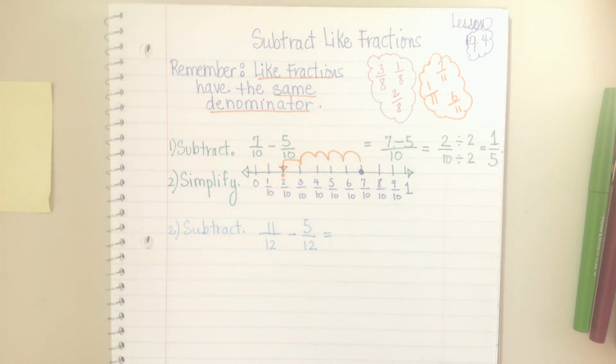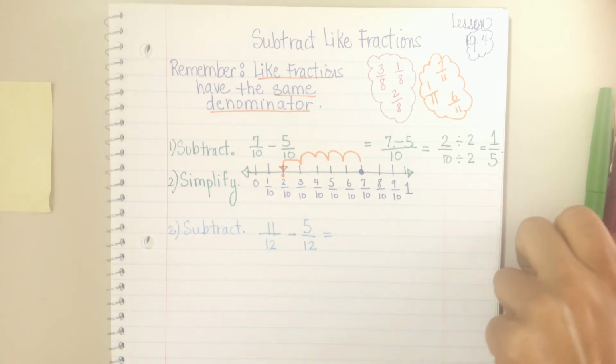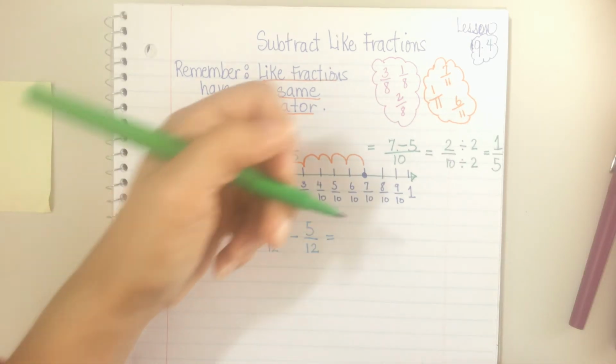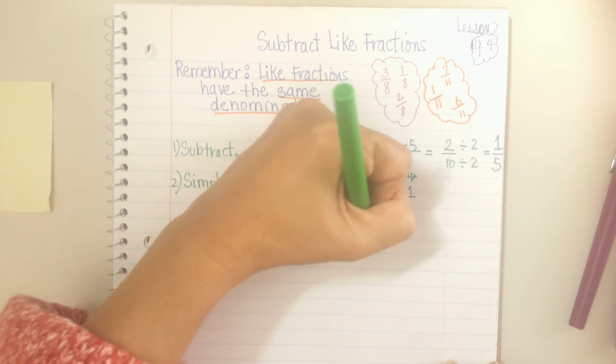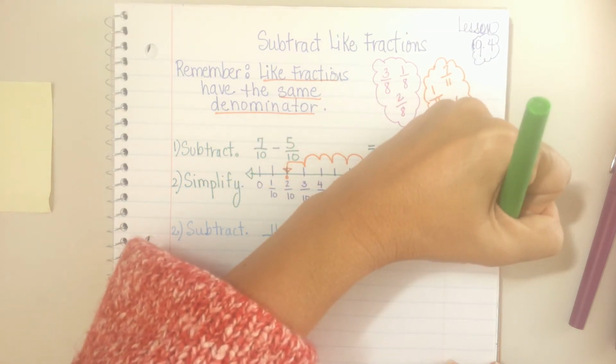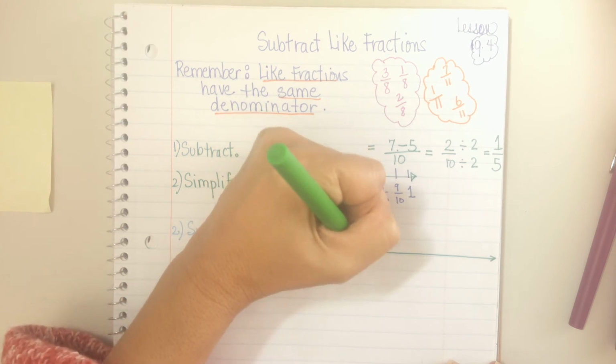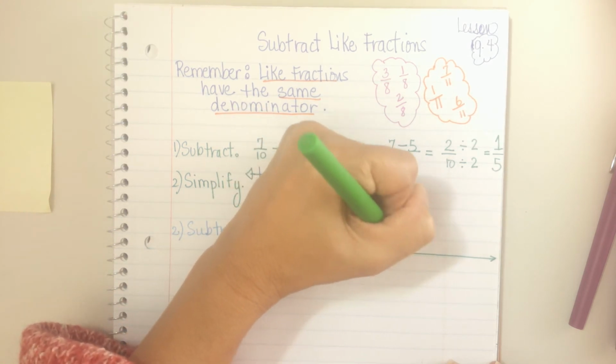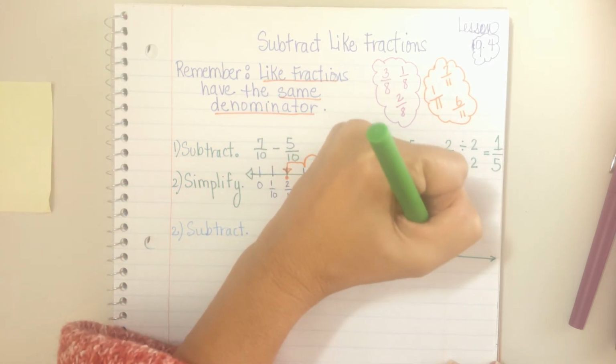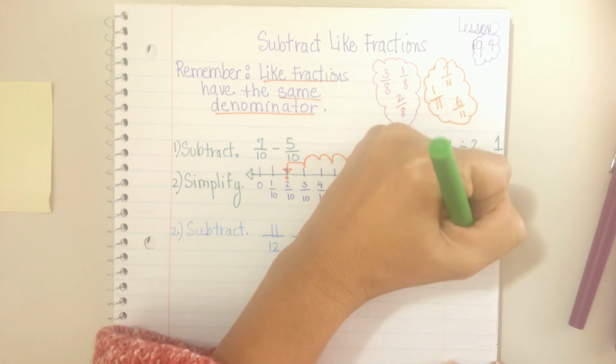Okay, and what we're practicing is making a number line. So here I go. 12ths, that's a lot. One, 2, 3, 4, 5, 6, 7, 8, 9, 10, 11, 12.